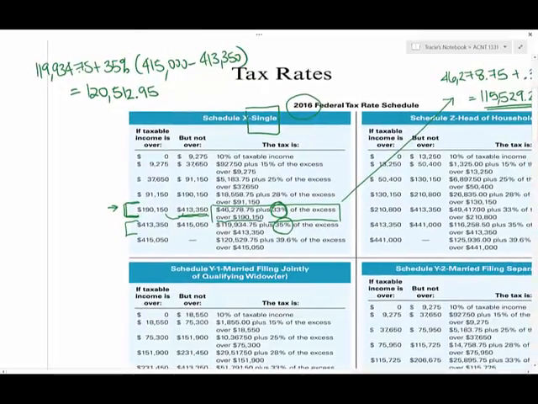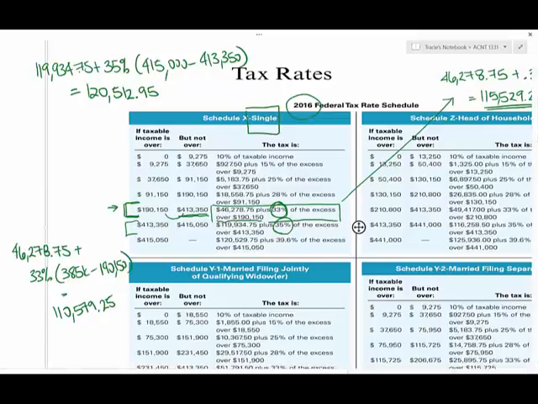And so I'll do that calculation here. 46,278.75 plus 33% of 385,000 minus 191,650 equals $110,579.25.